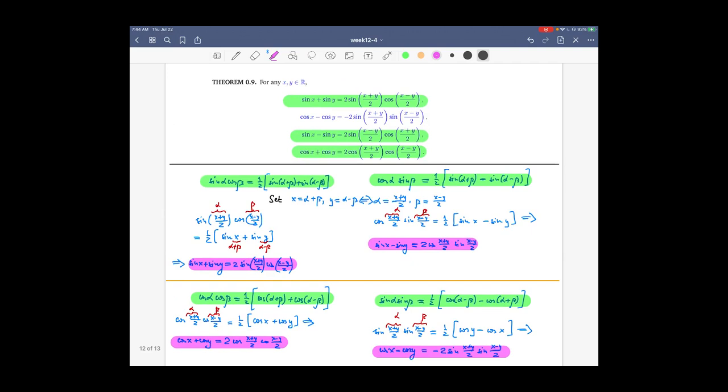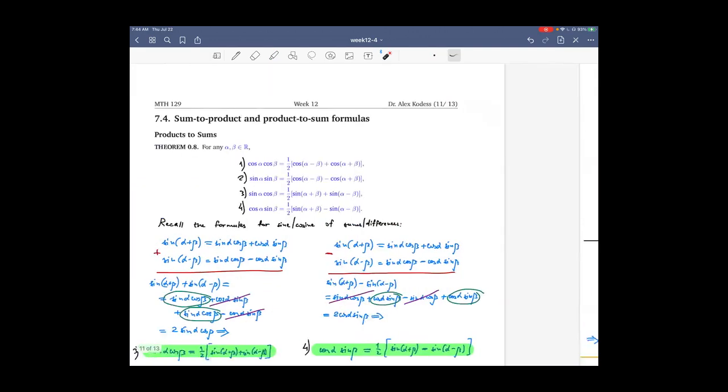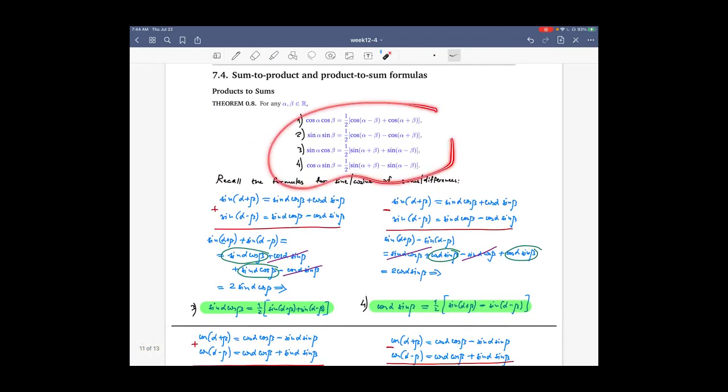That is this formula. So these formulas are consequences of the formulas on the previous page, obtained by manipulations with the formulas for sine and cosine of sums and differences.